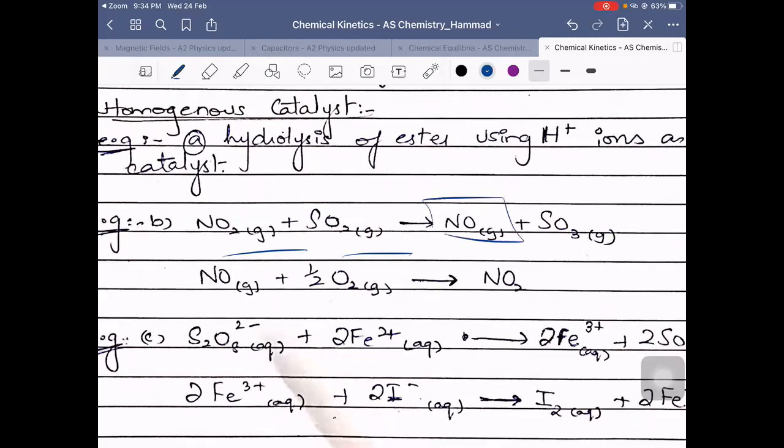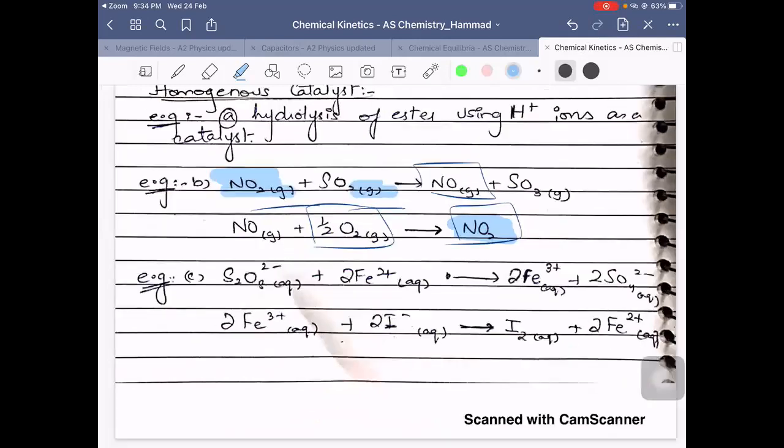Further, NO reacted with half O2 to give you NO2. Don't you think NO2 is being recovered back in the reaction? This is the reason why it is acting as a catalyst, and this is the example of a homogeneous catalyst because it is existing in the same physical state as your reactant.